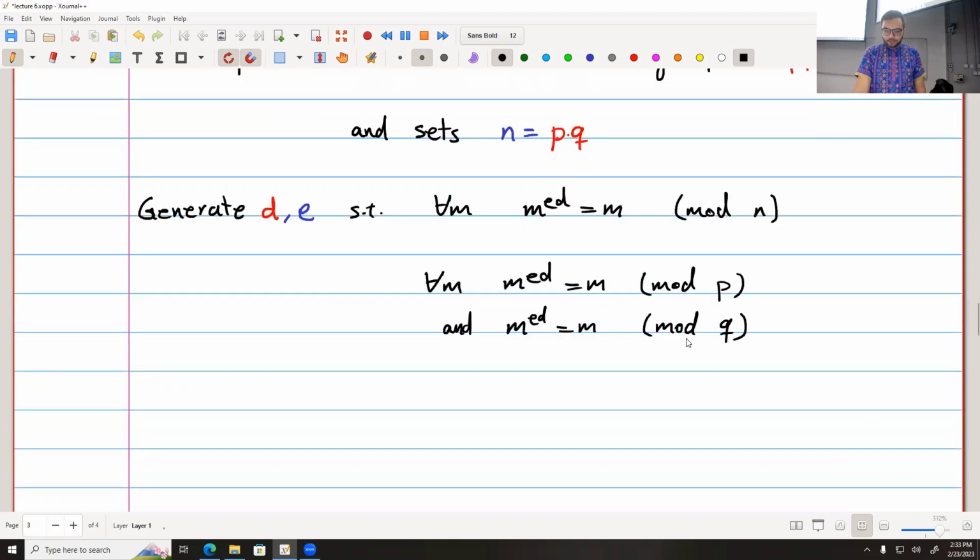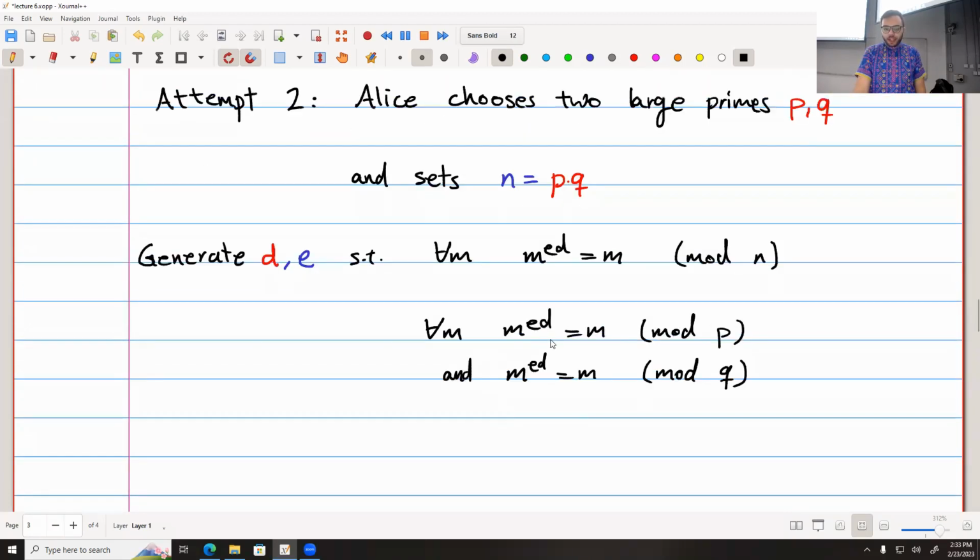Now, but what does this mean? If I have to have m to the power of ED equal to m modulo p, well, I just saw before that if I wanted to have that, I could just choose ED in a way that it's like a multiple of p minus 1. Sorry, ED minus 1 is a multiple of p minus 1. That's what I need. So let's actually go forward with this.